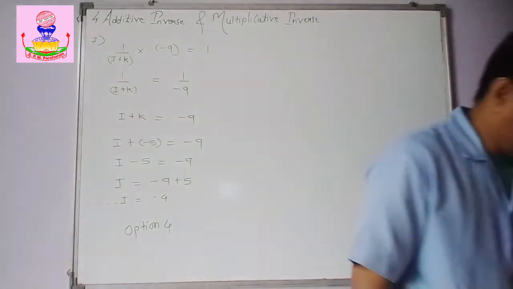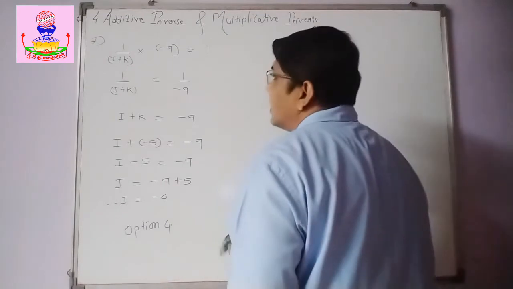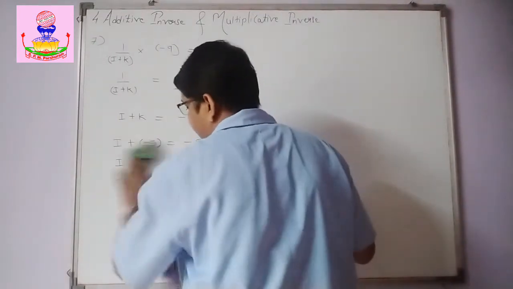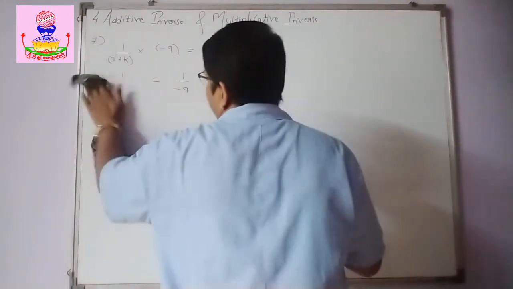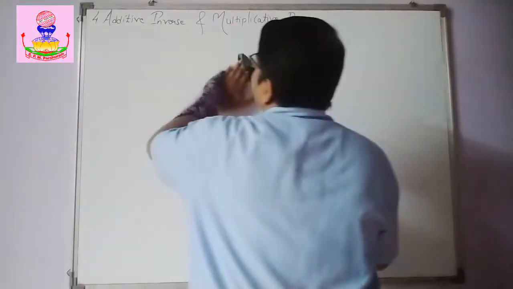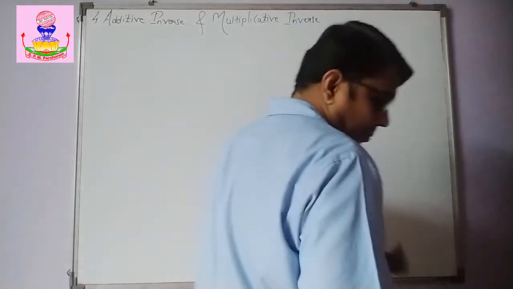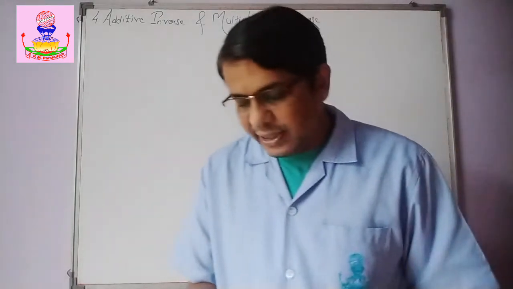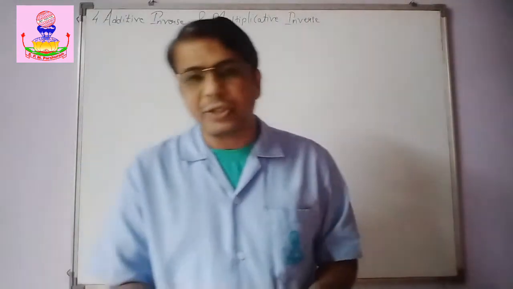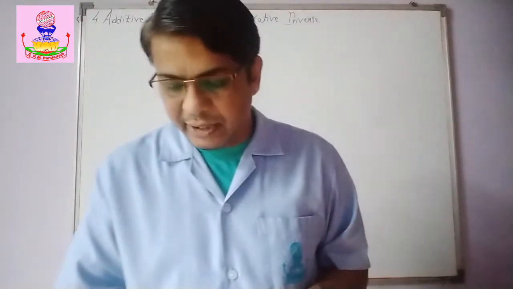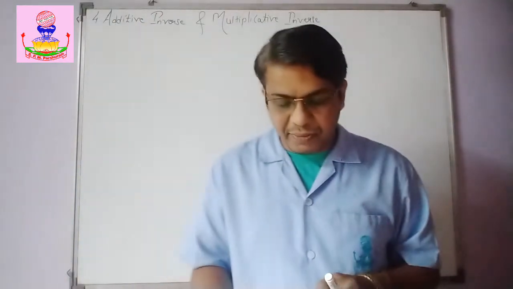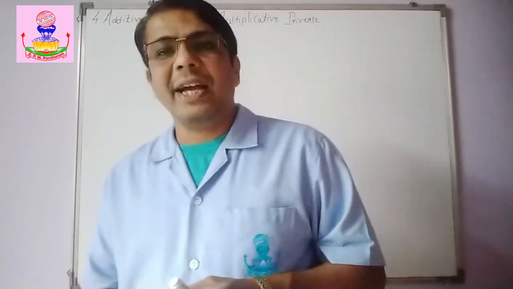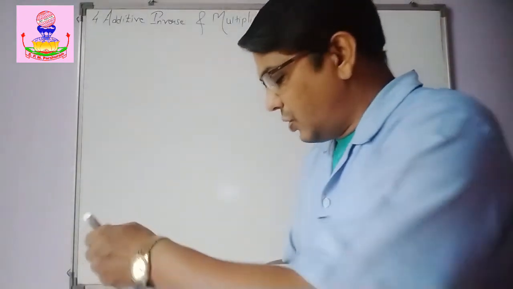Okay. So now the next example I am going to solve is the 8th one. Find the sum of additive inverse of 5m plus 7n and additive inverse of minus 2m minus 3n. Okay.